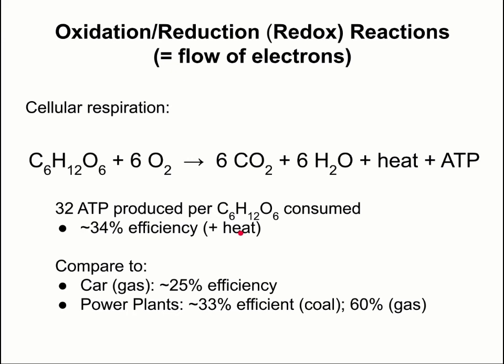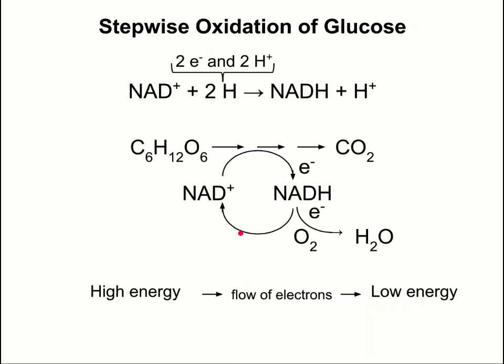This requires that the electrons be captured in an intermediate form as they flow from carbon to oxygen. The intermediate that carries electrons during cellular respiration is NADH. It's not important what NADH stands for. We just need to realize that NADH is a way of temporarily capturing electrons on their way from carbon to oxygen.